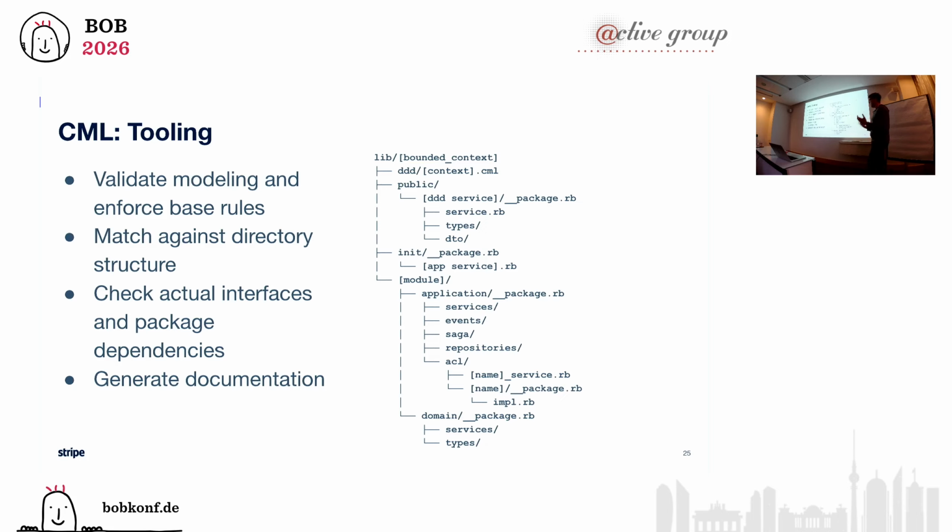So it enforces these things, and similarly, as I said earlier, the domain logic can never import something from the application layer, for example. And then last but not least, we also generate documentation from it. So we have a nice place where you can go and see what our domain model actually looks like.